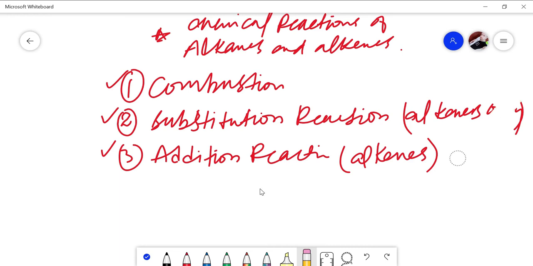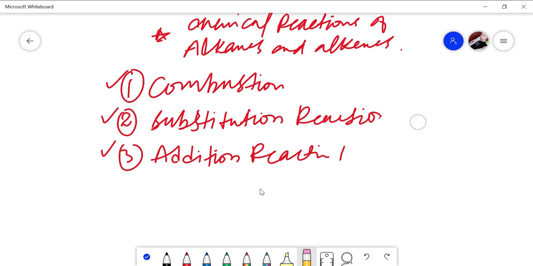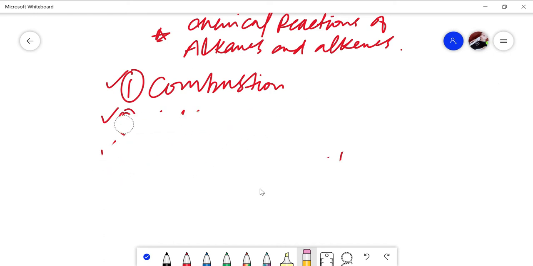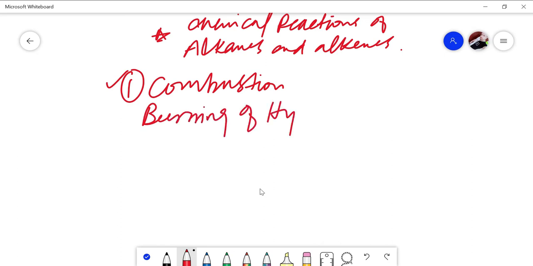So let's talk about combustion first of all. Combustion is the burning process. Anything burns in the presence of oxygen. Burning of hydrocarbons in the presence of oxygen is called combustion.